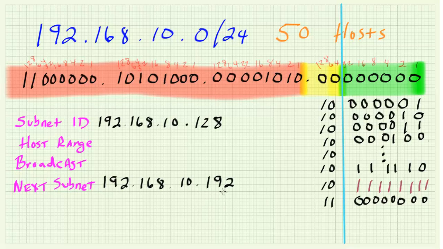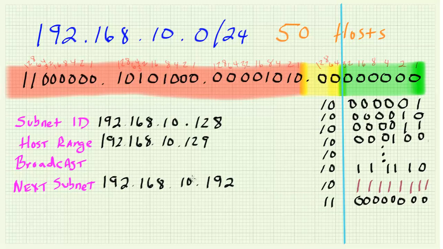So if you can figure out what the current subnet ID is, which we know is .128, and we know what the next subnet is, .192, then everything else just kind of falls into place, because if we take the current subnet ID and add 1 to it, that gives us our first host IP address in the subnet, 192.168.10.129. So if we know what the next subnet is, it's very easy to figure out the broadcast ID of the current subnet.